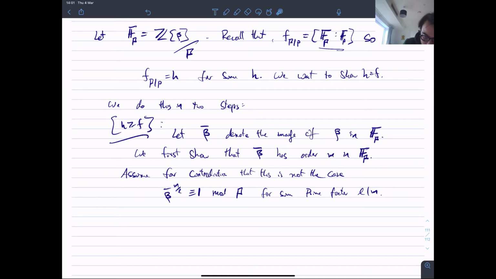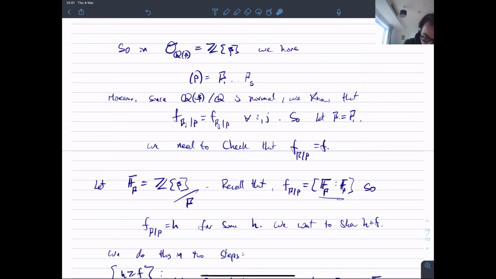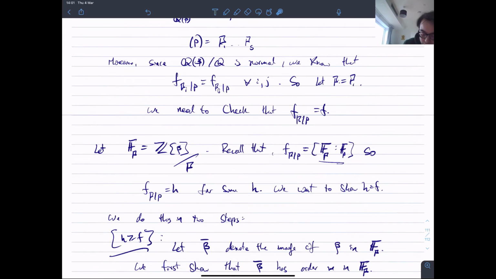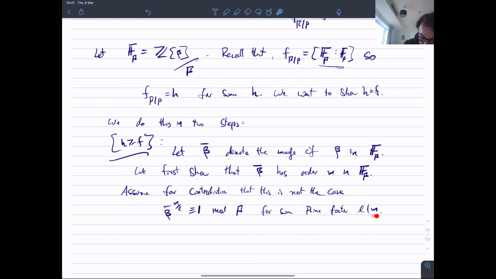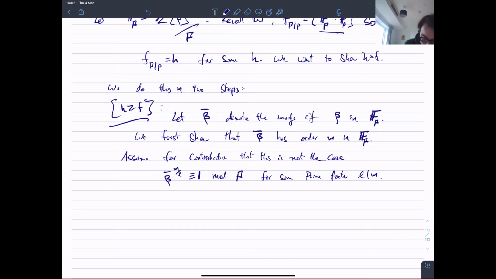Notice that this is the ring of integers in the mth cyclotomic field, so this isn't just a random m. Now, what does this mean?